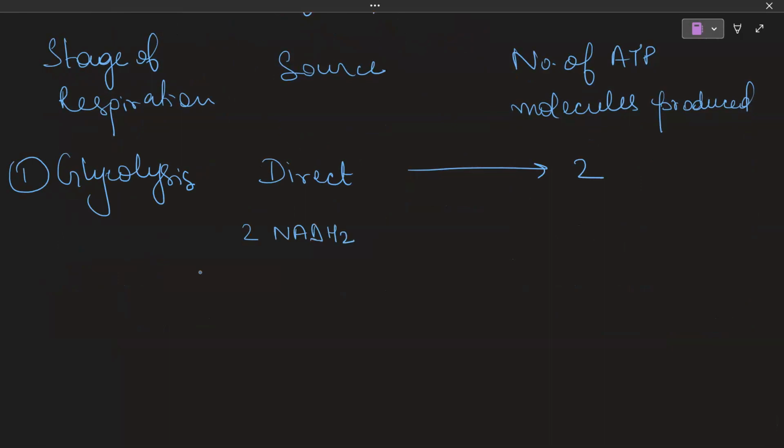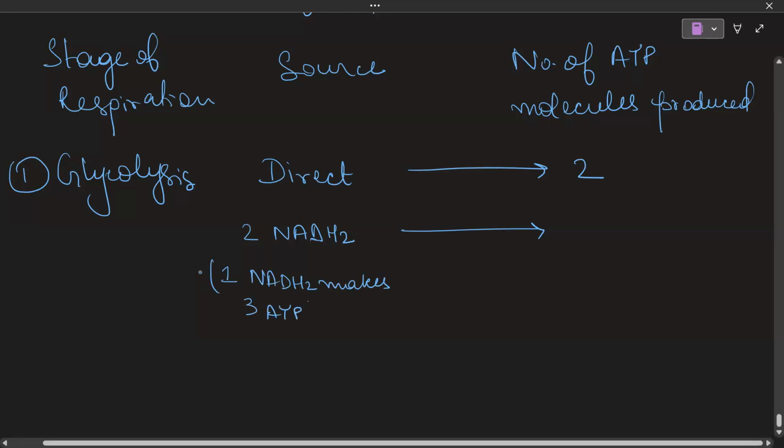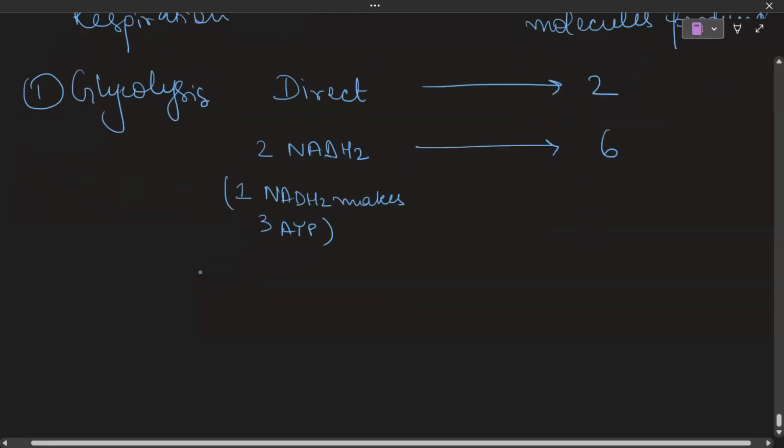Now, from these 2 NADH2, how many ATP will be made? 6, because 1 NADH2 makes 3 ATP, so 2 into 3 is equal to 6 ATP.